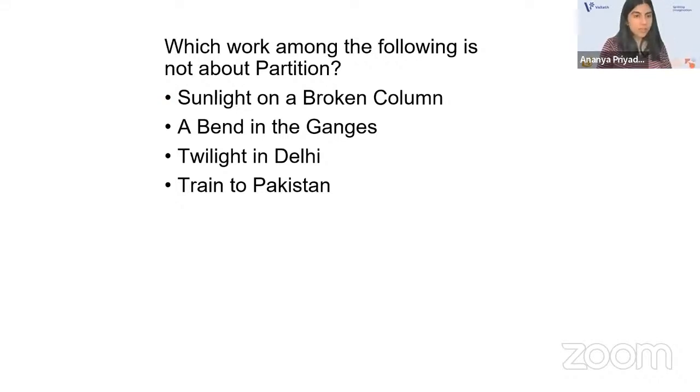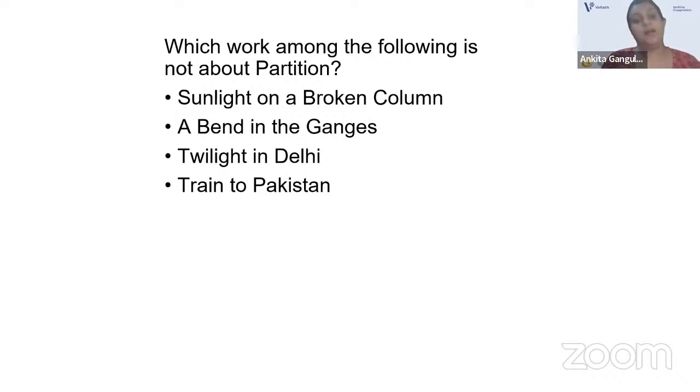Which work among the following is not about partition? Is it Sunlight on a Broken Column, A Bend in the Ganges, Twilight in Delhi, or Train to Pakistan?